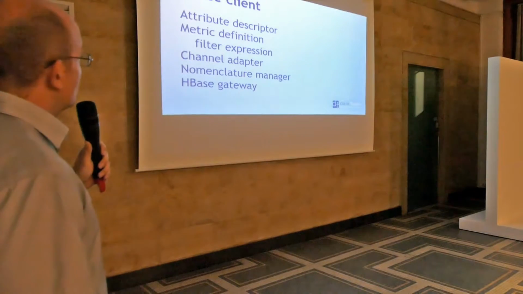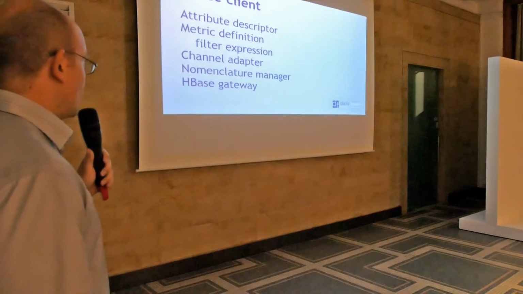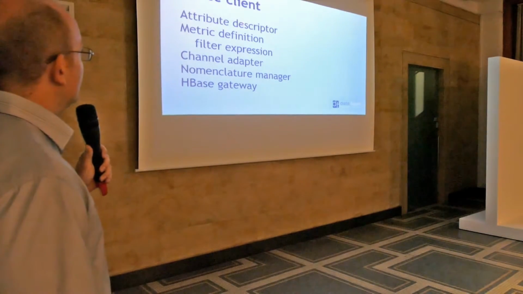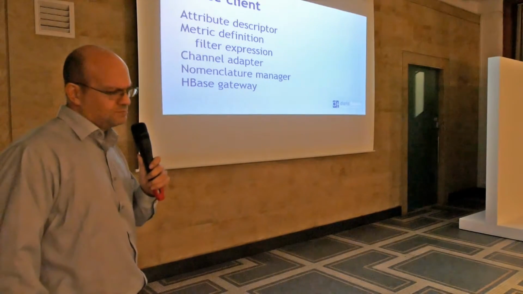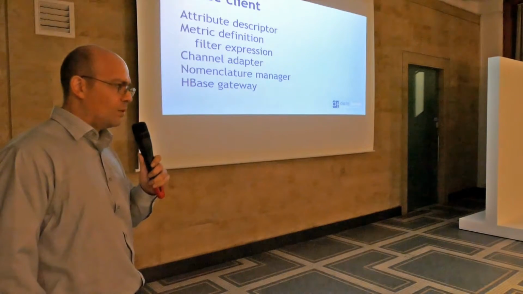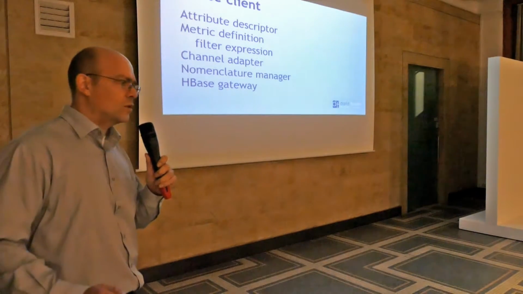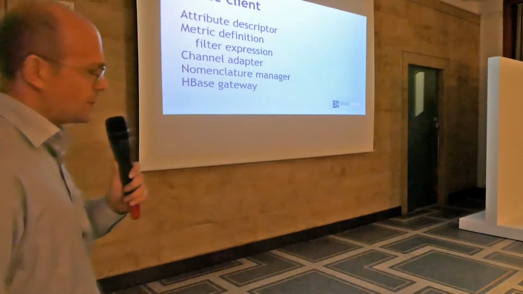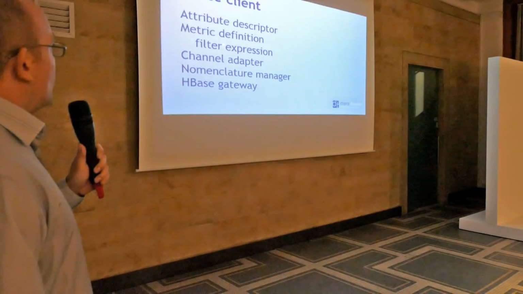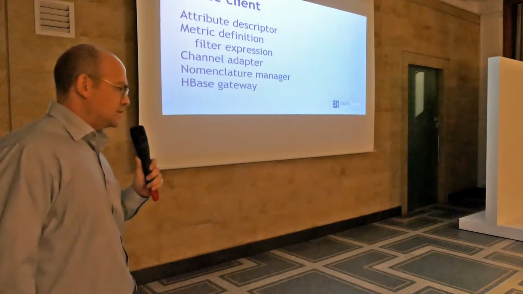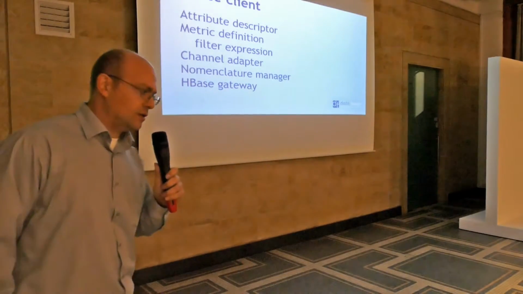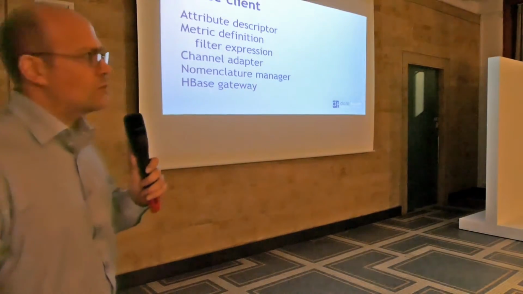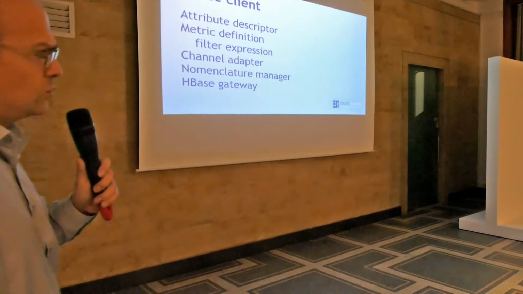First of all, we decided to define the model, and we have something named the attribute descriptor. It's pretty simple: it's some way to extract a logical field from the event. We also have the method definition, which is a set of attributes, and also a type. For this client, they requested only two types of metrics.